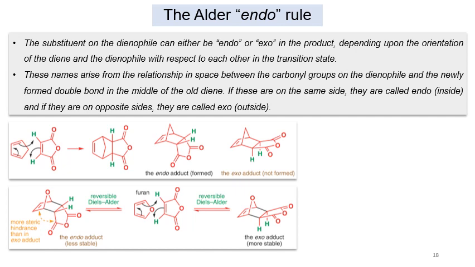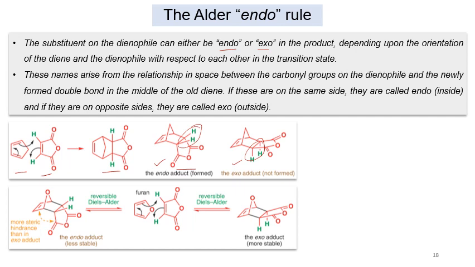These products are called endo and exo. You can look at this particular transformation where cyclopentadiene is reacting with maleic anhydride to give you two cycloadducts. One of them has both the H coming out, whereas in the other one both the H are going in. This one is called the endo adduct and this one is called the exo adduct.